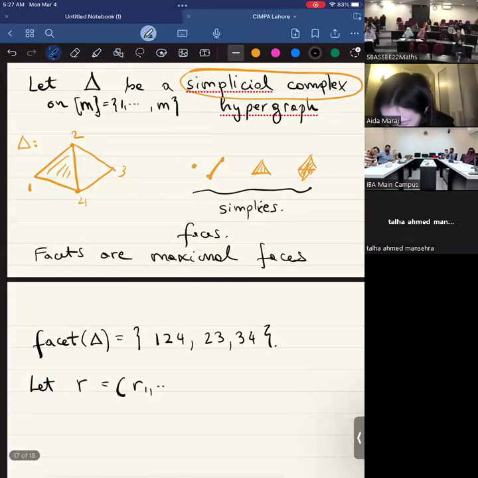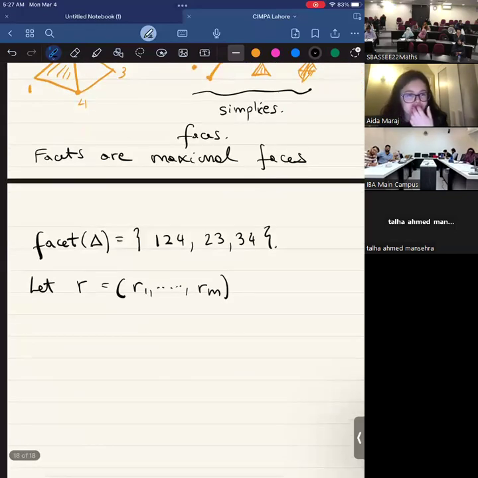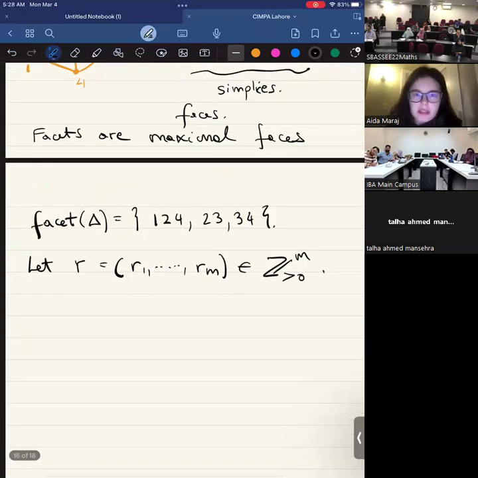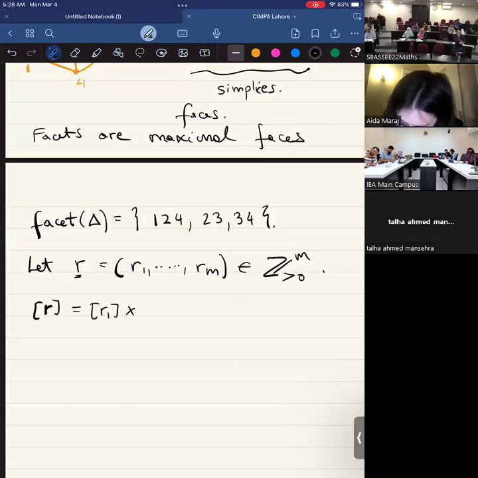So R1 through Rm is in the positive integers to the M. For simplicity, if R is a vector, this will be R1 times and so on times Rm, this Cartesian product.